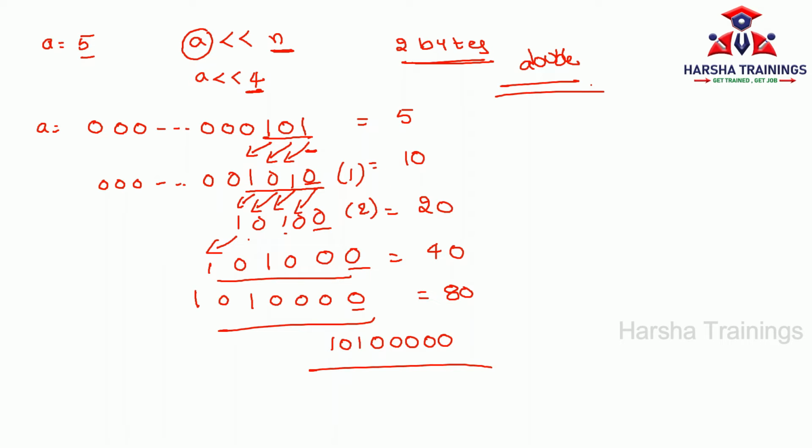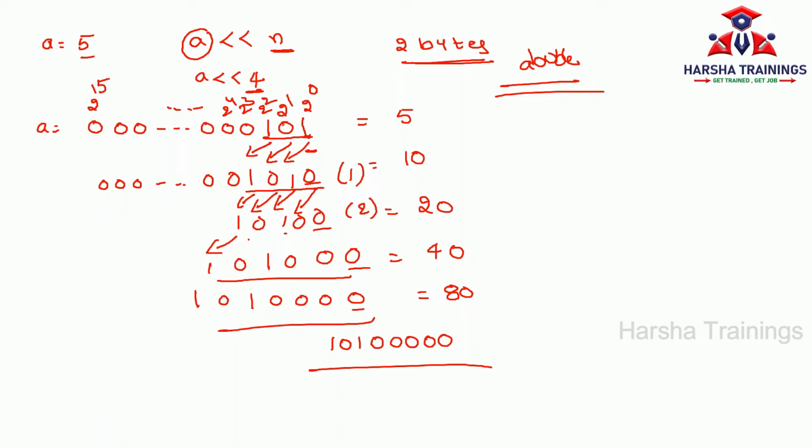Why does the value become double? Actually, in binary representation, what are these positions? This position is 2 power 0, 2 power 1, 2 square, 2 cube, 2 power 4, and so on, up to 2 power 15. So we start at 2 power 0 and end at 2 power 15, right?